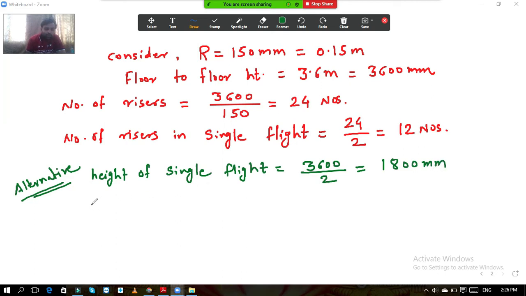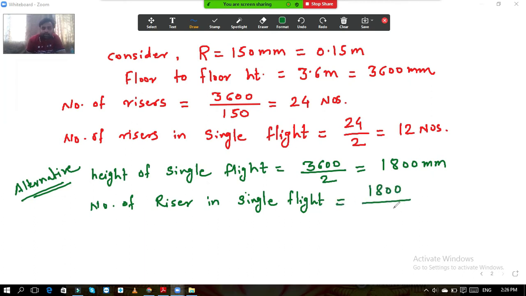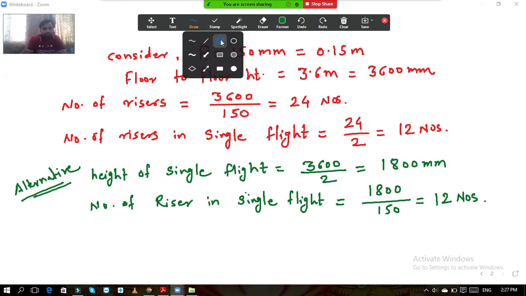Now we will calculate the number of risers in single flight. It will be 1800 divided by the riser, which is 150. If you do 1800 divided by 150, I think it is 12. Calculate it. You will get the answer 12. So 12 is your answer.